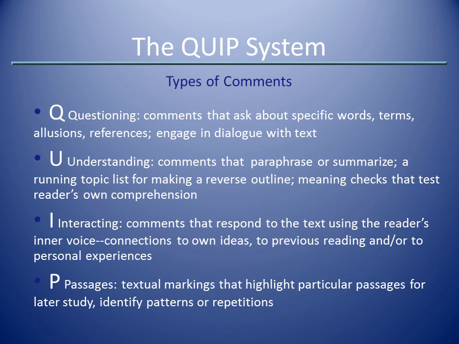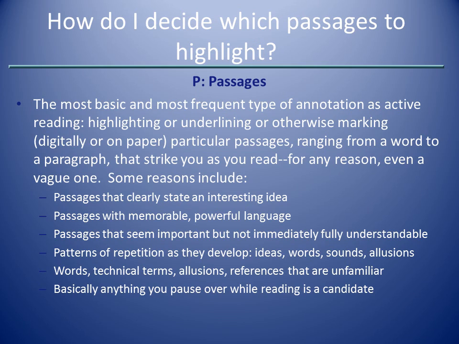Although sometimes you'll mark it and you say, oh, I know why I'm marking that, and if you do, it's probably worth taking a moment to make a notation to go along with it. But sometimes you want to just continue. This is probably the most frequent type of marking that you're going to make. And how do I decide which passages to highlight?